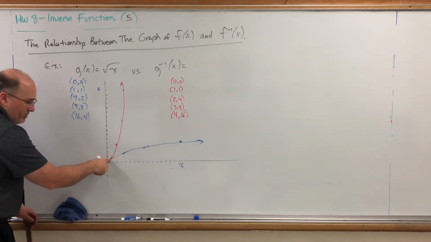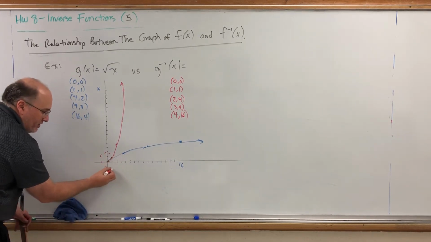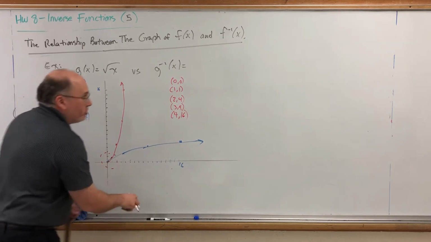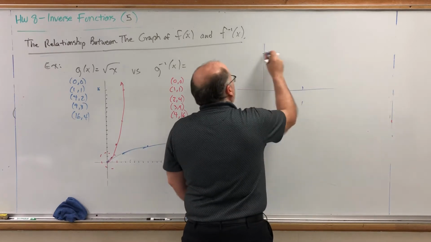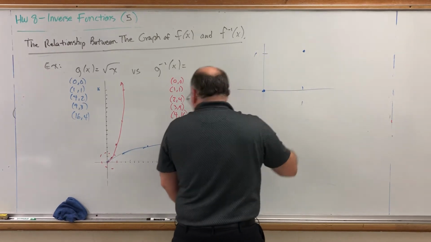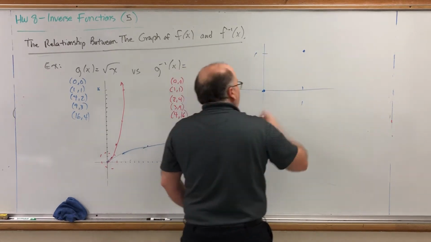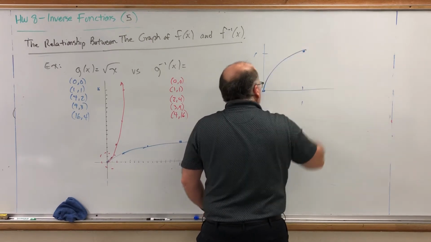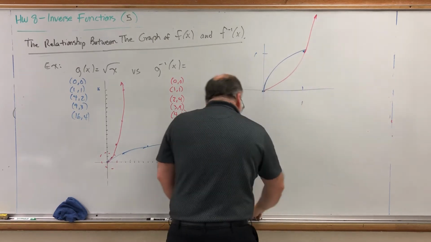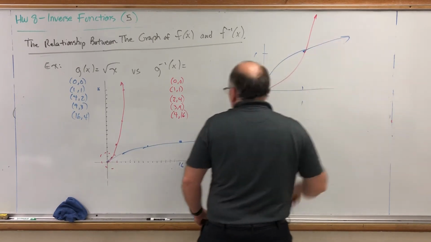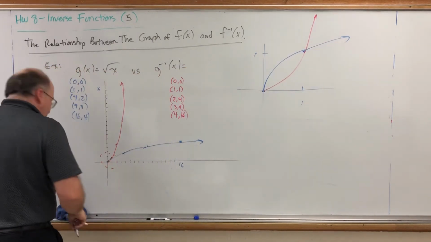It's really kind of hard to see what's going on right here in this spot, so I'm going to zoom in on it over here just to show you what's actually happening. (1, 1). The top graph is looking like this, and the bottom graph is looking like that. So if you zoom in on that little part where they overlap, it looks like that.